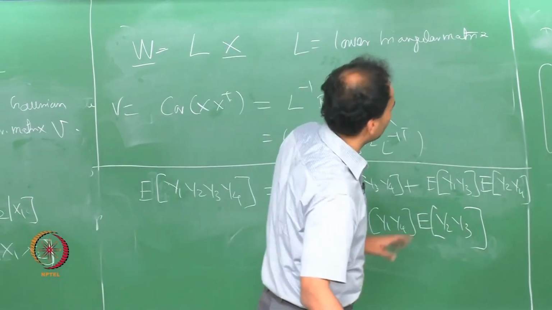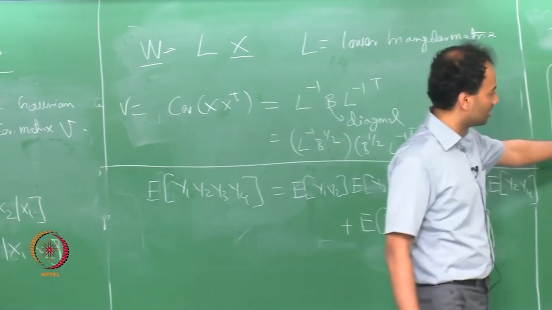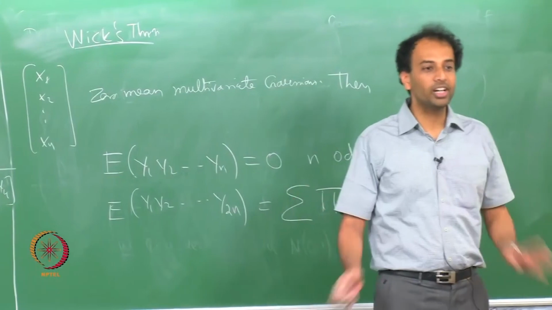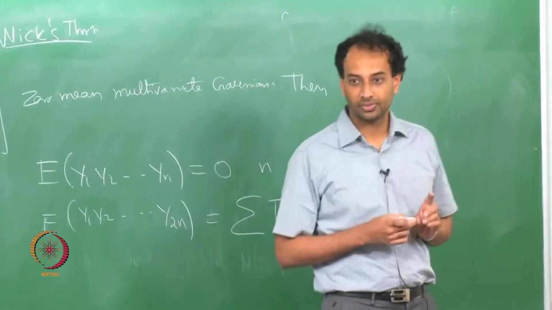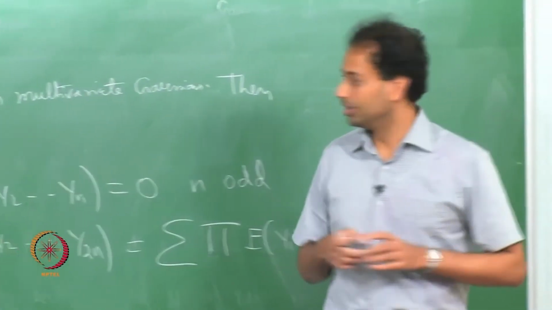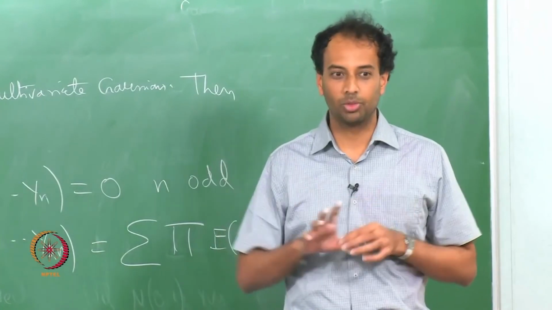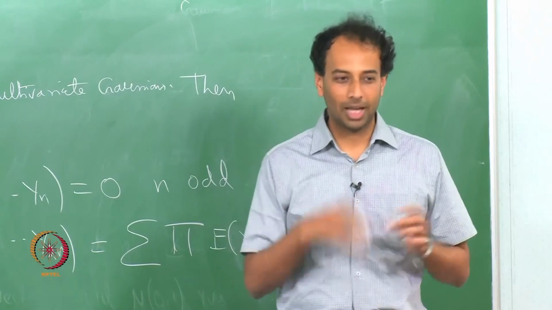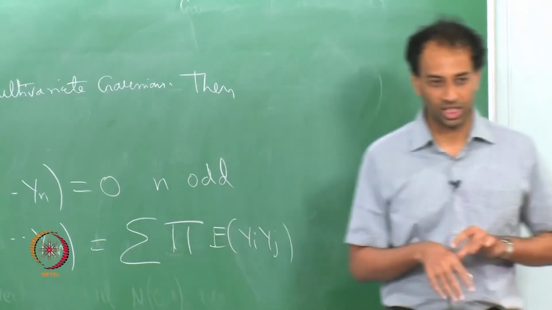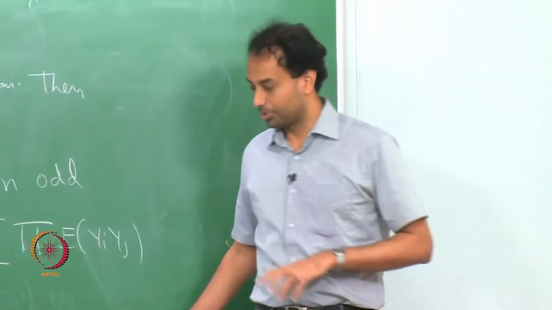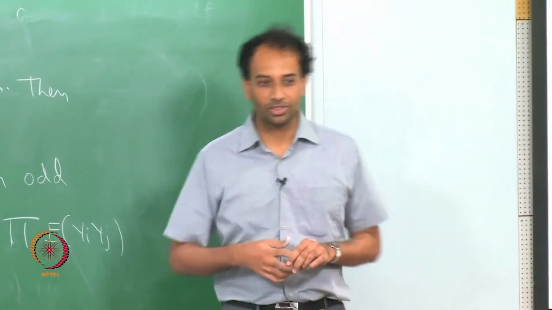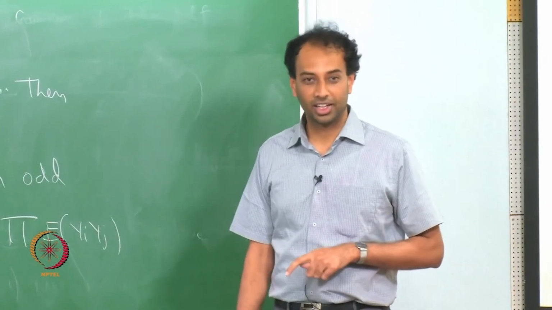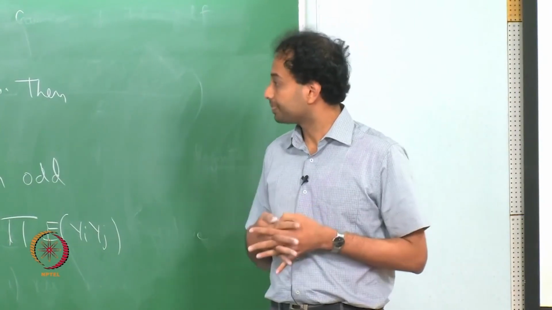So what Wick's theorem says is, if you are given the covariance matrix, you can go ahead and compute any moment of these joint Gaussians. It is sometimes also called the Feynman diagram formula, because Feynman used it in his quantum field theory work. He did not invent it, it was much older than him, but he used it. So that is another nice nugget about joint Gaussians.